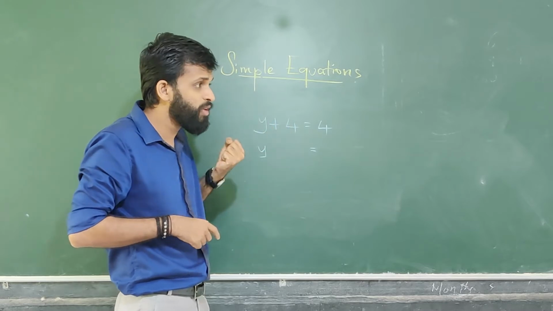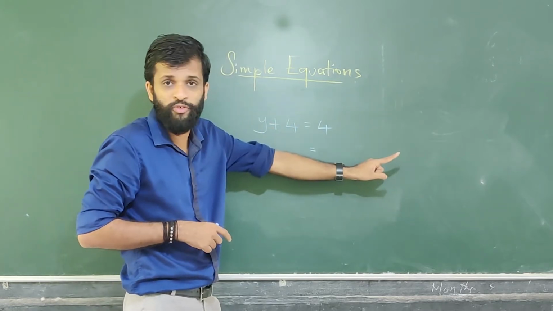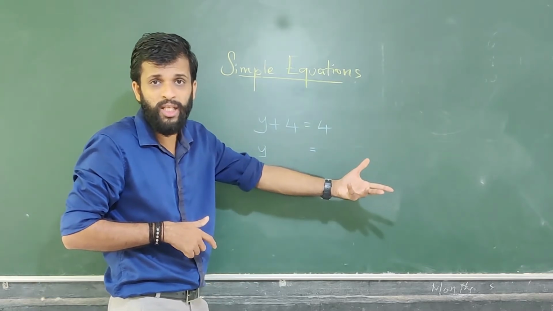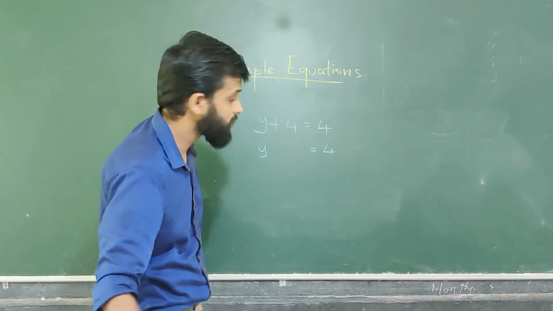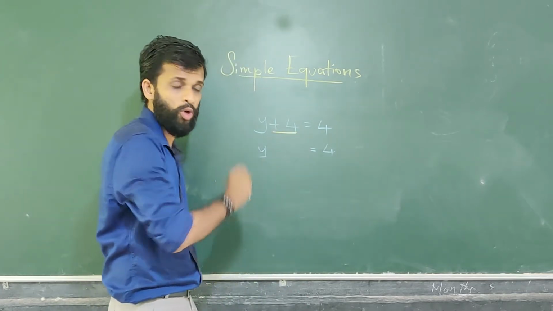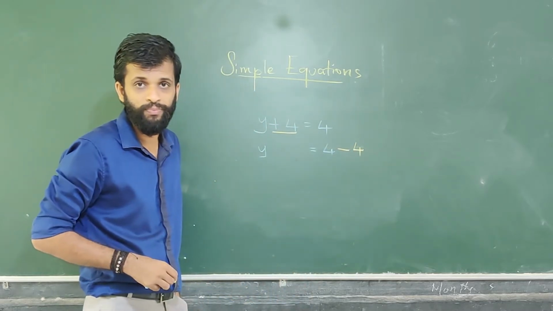When I'm removing it, this plus 4, when it goes on the other side of equal to, becomes minus 4. This 4 will remain as it is, and this plus 4 on the other side will become minus 4.